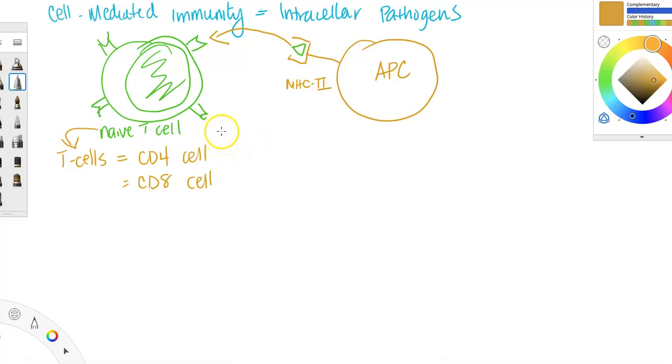A CD4 cell will become a helper T cell, and a CD8 cell becomes a cytotoxic T cell.